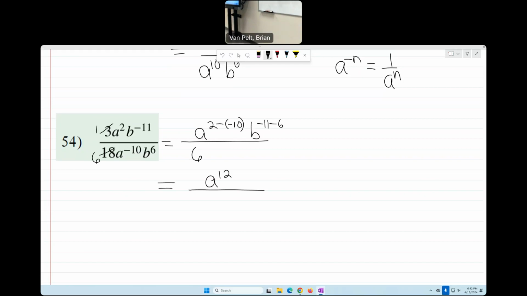What do you get for the B? What's that number up there? 17. Positive or negative? Negative 11 minus 6 is negative 17.